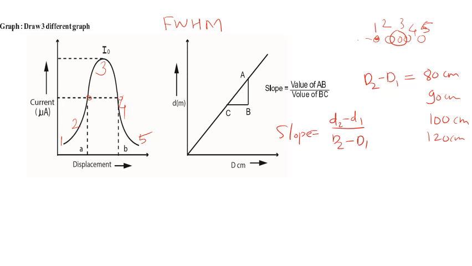Between these 2 points I will get the distance. So this distance will be your d1. Similarly, for a different distance, let's say 80 centimeter, 90 centimeter, again I will get d2. For 100 centimeter I am going to get d3. In this way I will get different d1, d2, d3 corresponding to capital D1, D2, D3. So I am going to get this graph.